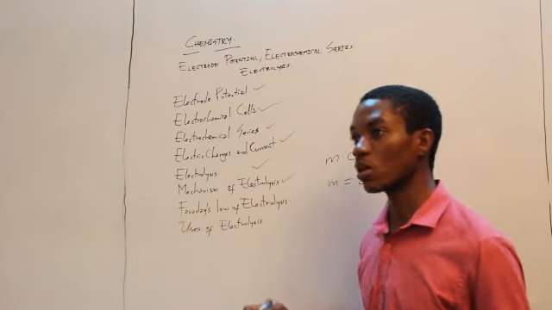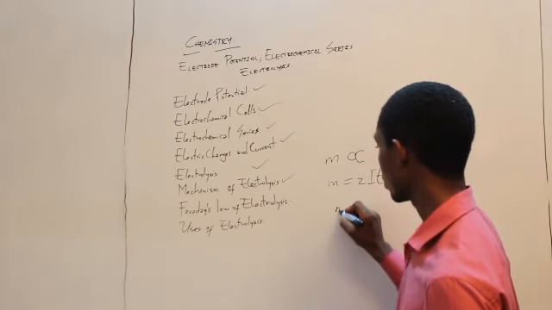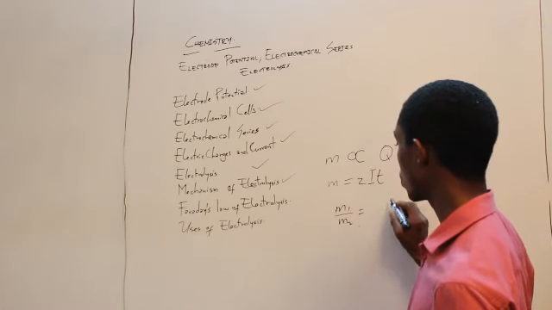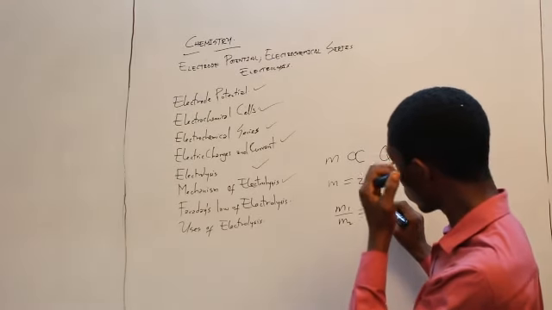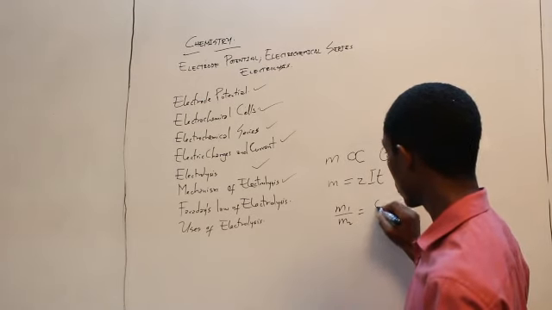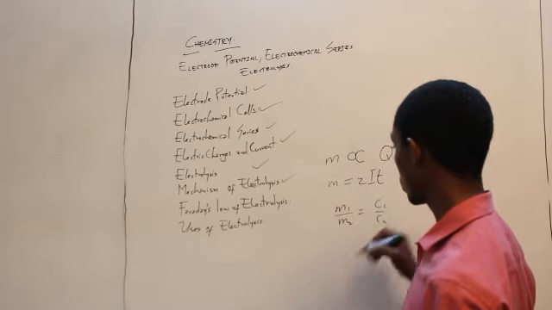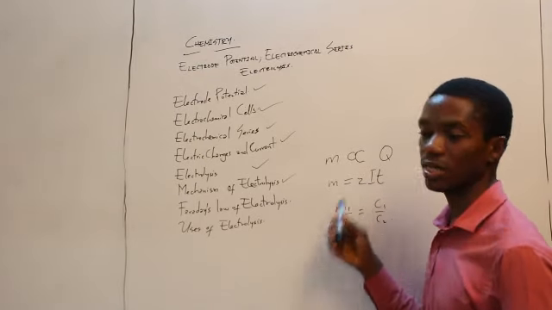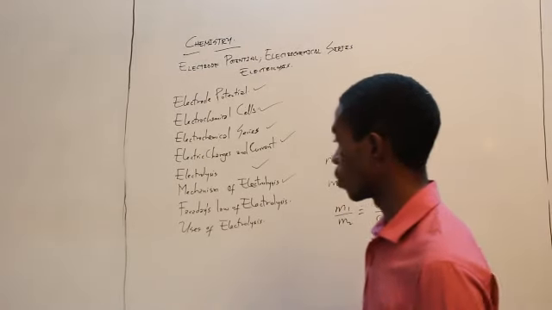So in that particular one, we say that M1 over M2 equals C1 over C2, where the C, of course, is our Z from before.